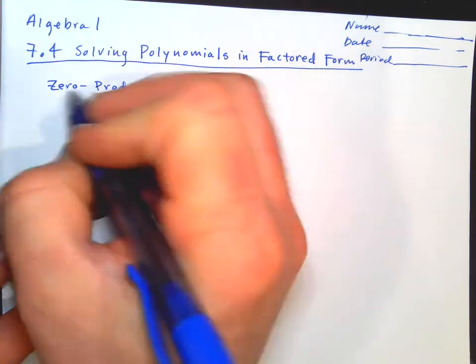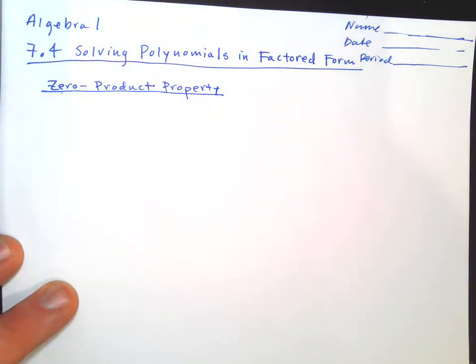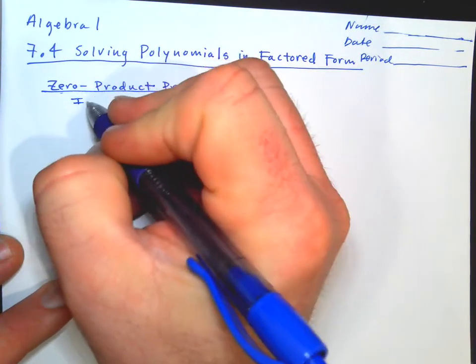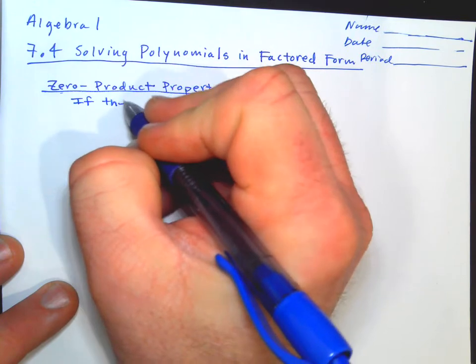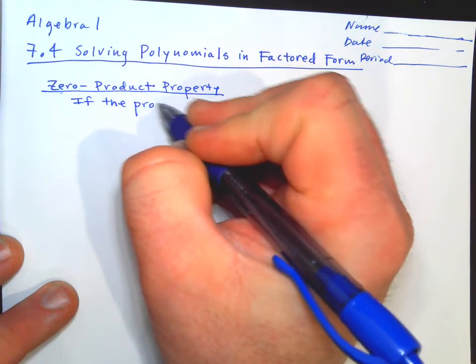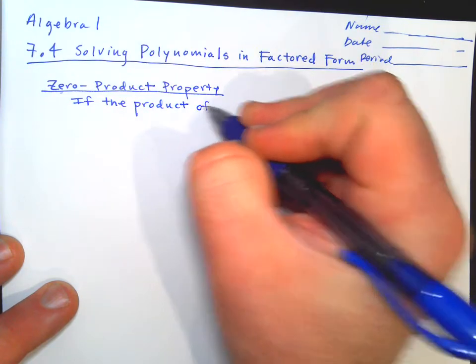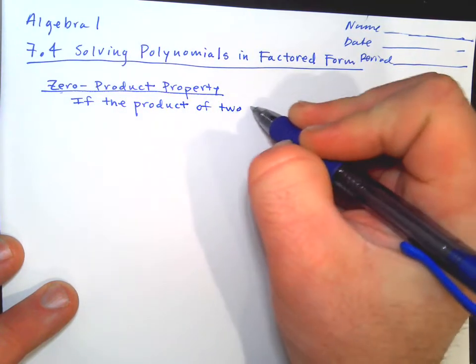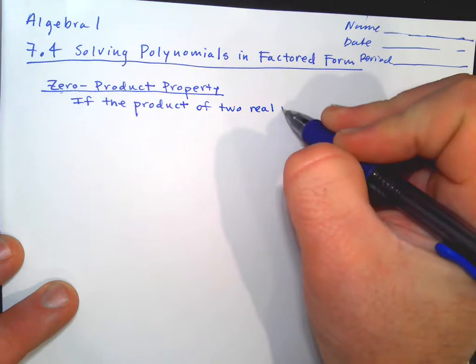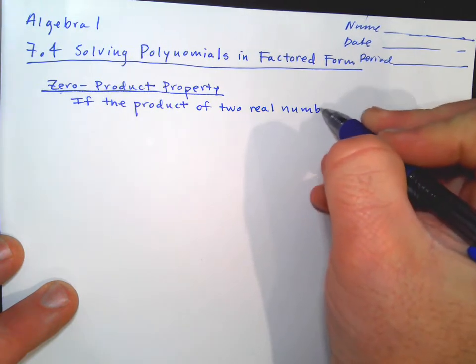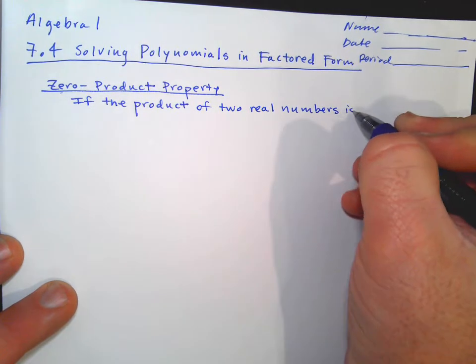Okay, zero product property. And what the zero product property says is that if the product, okay, a product is when you multiply two things together, the product of two real numbers is zero.